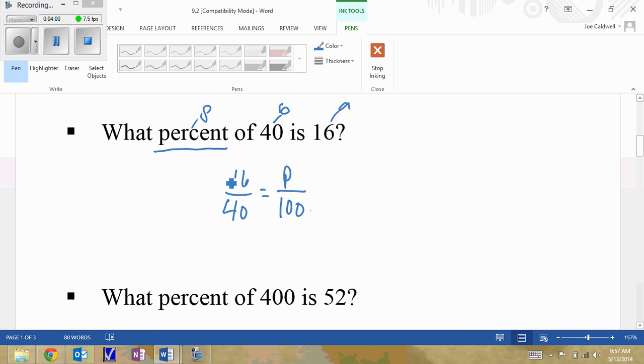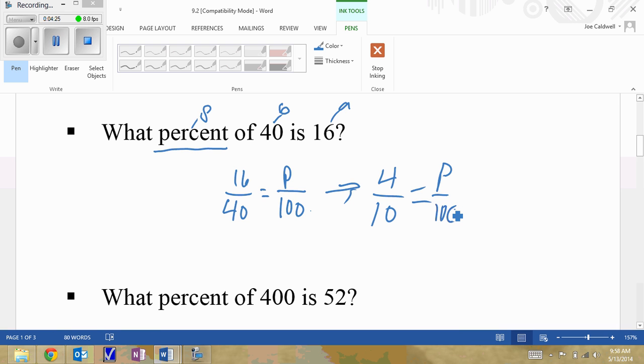Okay. If you want to go ahead and reduce this ahead of time to make your number smaller, you're welcome to do that. So if you would want to rewrite this as 4 going into 16 4 times, and 4 going into 40 10 times, just to make it a little bit easier, now you have equals P over 100. And again, you could use multiple methods.